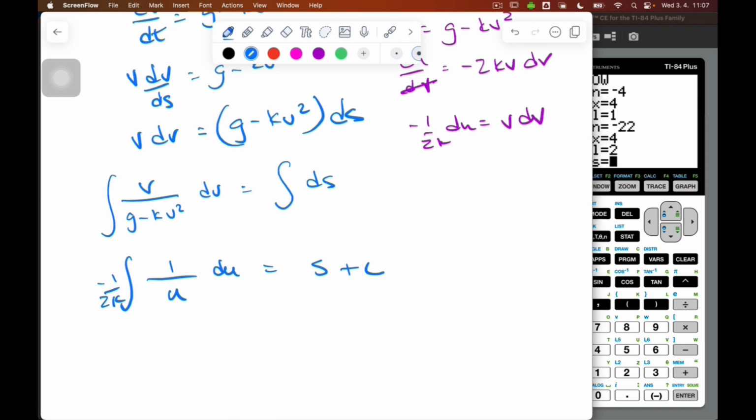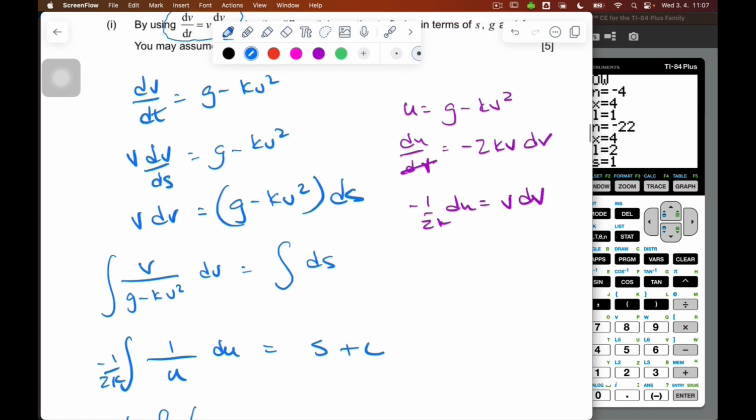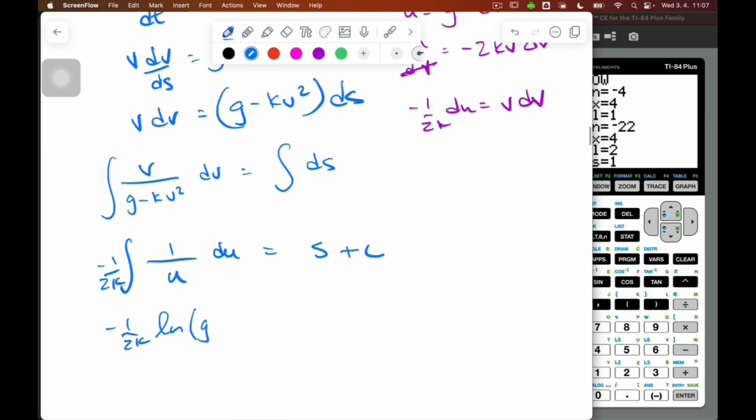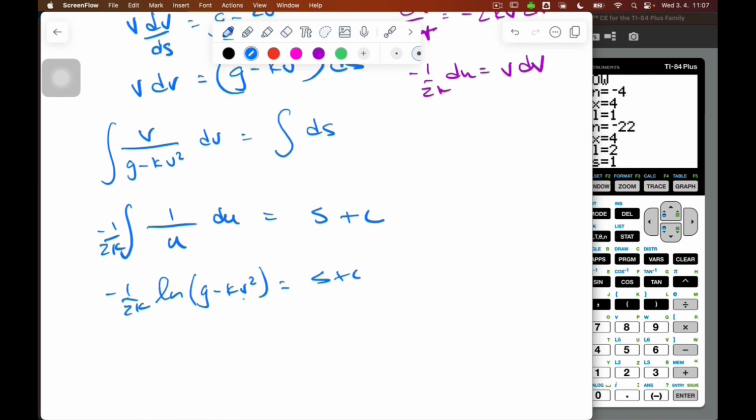When I integrate this, my constant stays out here, and I get ln u. My u, though, is g minus kv squared, equal to s plus c. And so now if I continue rearranging to get v all by itself, I can multiply through by negative 2k.